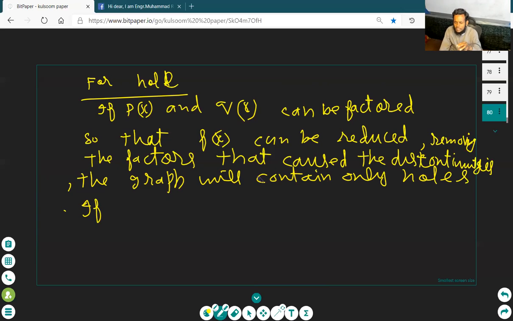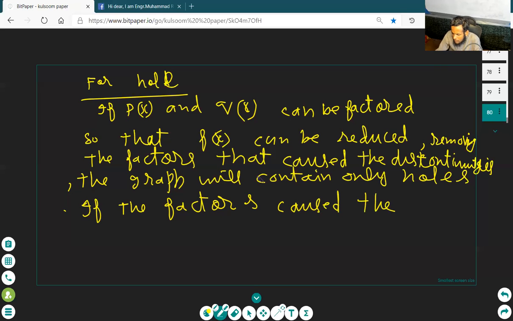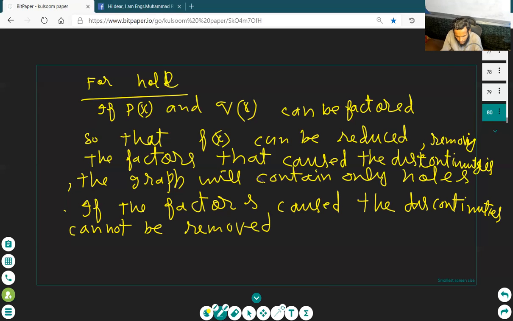After doing the factorization, if the discontinuity is not removed, meaning the factors that cause the discontinuity cannot be removed, then asymptotes will occur.